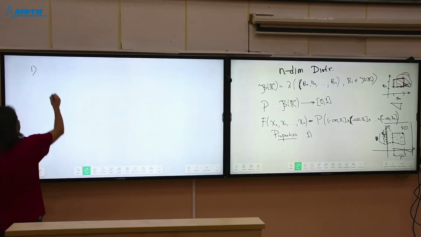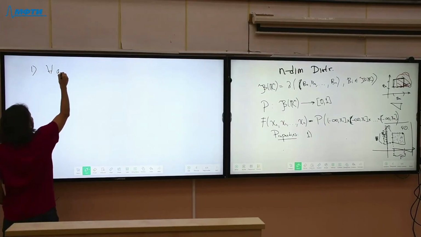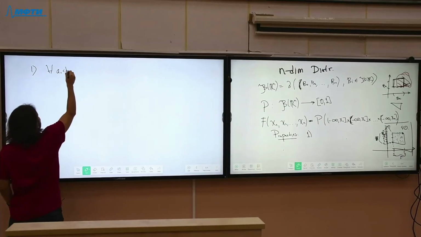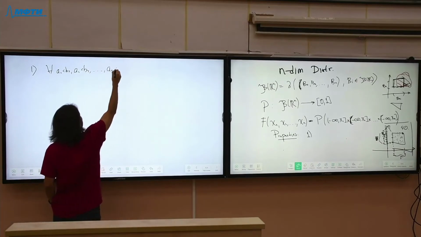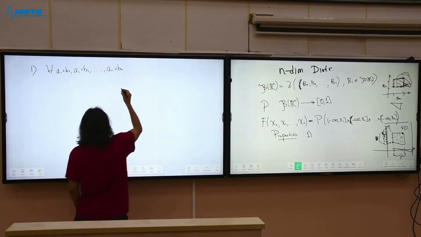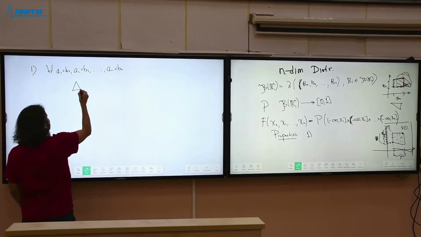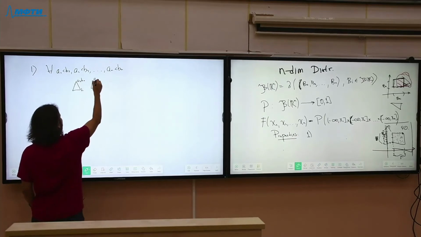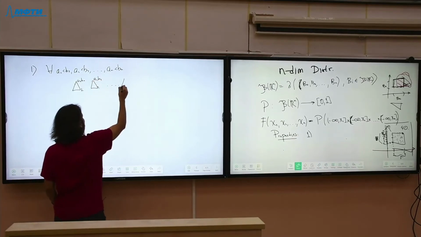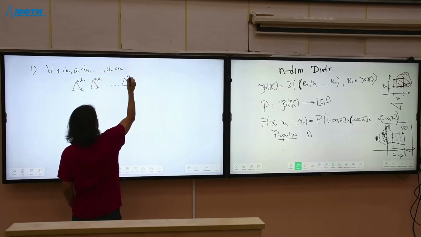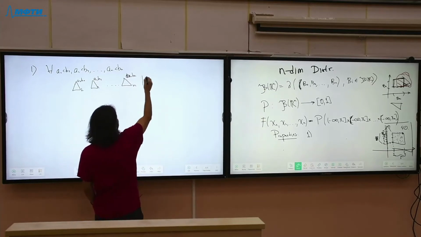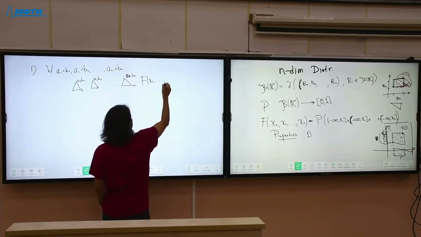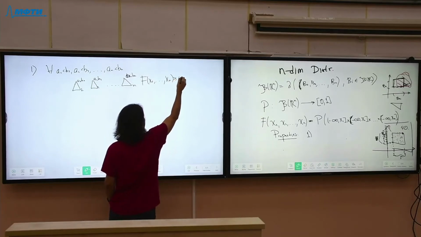It means that for every a1 less than b1, a2 less than b2, and an less than bn, we have that delta 1 of a1 b1, delta 2 of a2 b2, up to delta n of an bn of this function has to be greater or equal than 0, right?